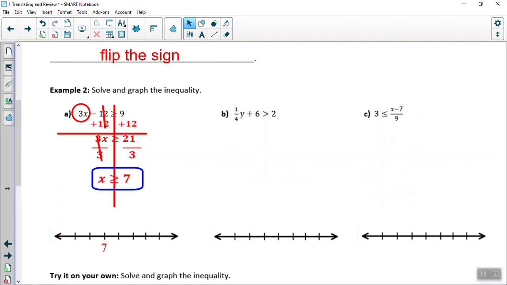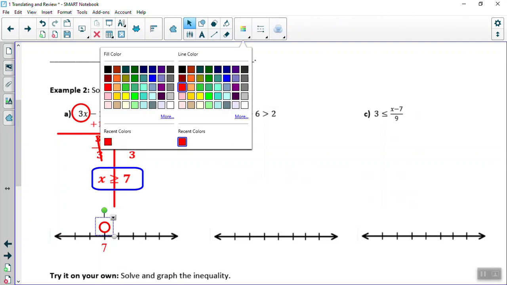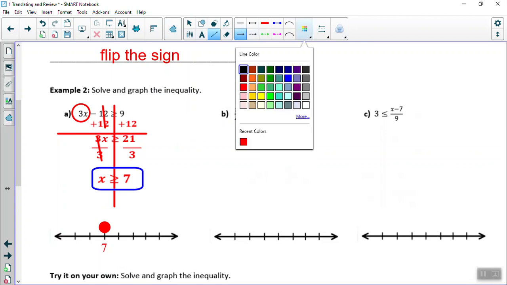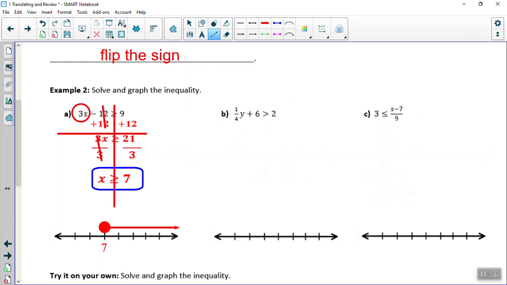I have to put a circle over 7, but what we have to decide now is an open circle or a closed circle. Because it's equal to 7, we're going to close that circle up. And now I can draw my arrow to show all my numbers that are greater than 7. So I filled it in because it's equal to, and then to the right because it's greater than.